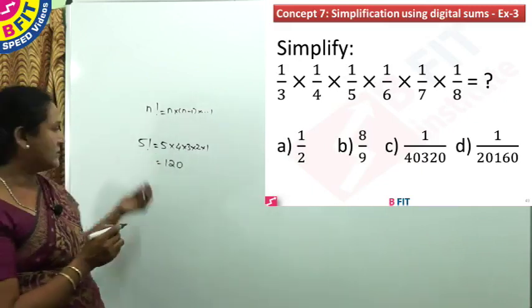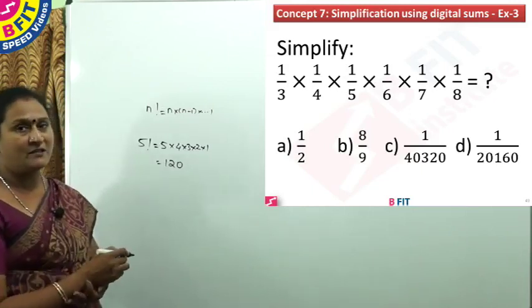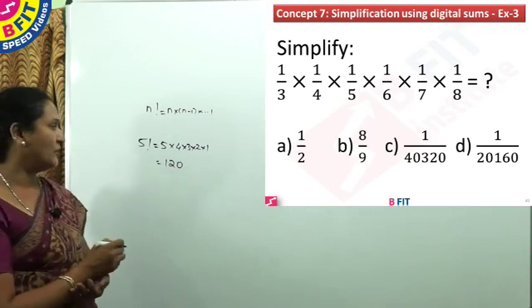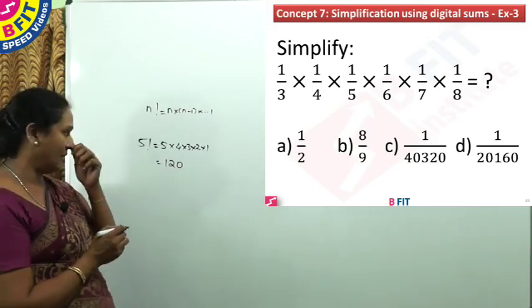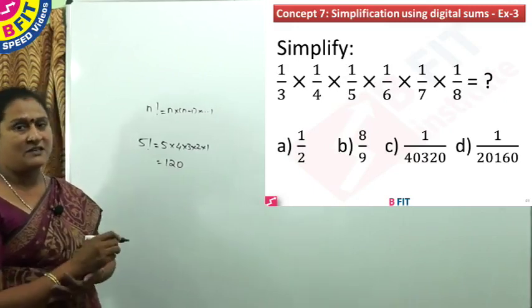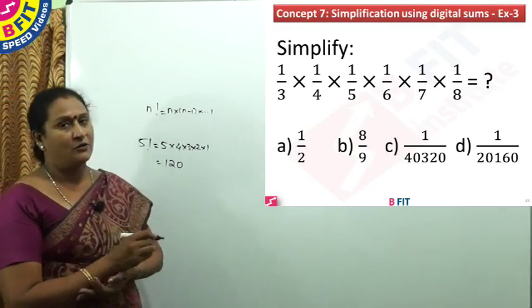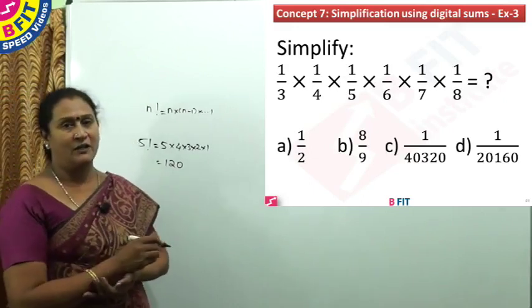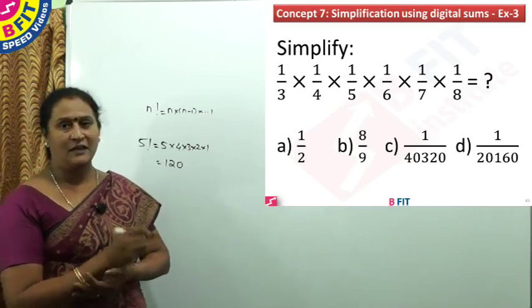Factorial is an important concept which we'll be seeing in permutations, combinations and probability. So here the value of 5 factorial is 120. To work out questions under permutation, combination and probability, it is better to remember up to 7 factorial, which helps you get the answer without working.